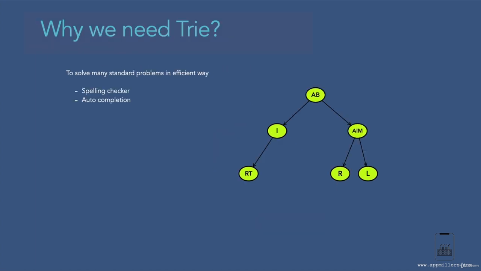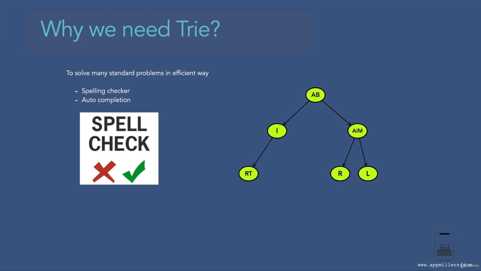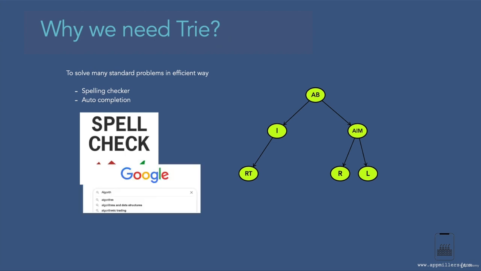In the world of computer science, there are many problems that can be solved easily using a trie data structure. For instance, spell checker or autocomplete of strings features are done by using a trie data structure. When you go to Google and search for any word, you can see that Google suggests completions when you start to type any letter. You might be interested in how Google predicts the next letter.